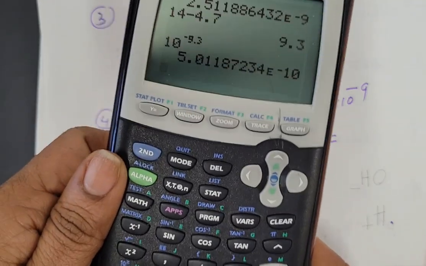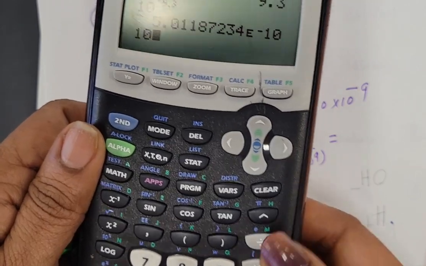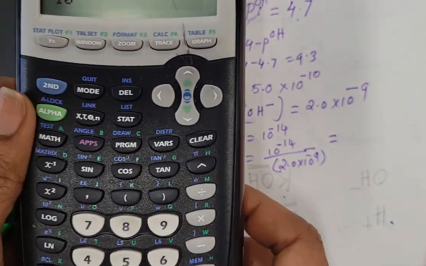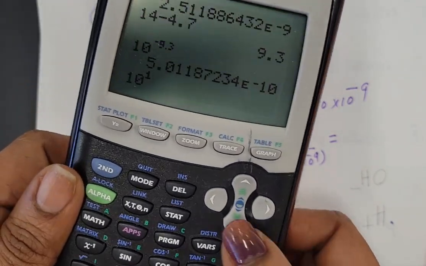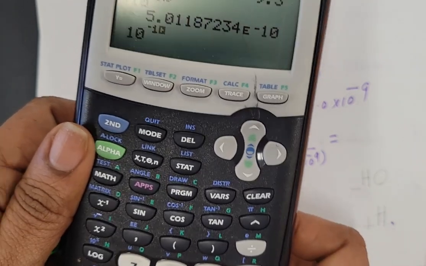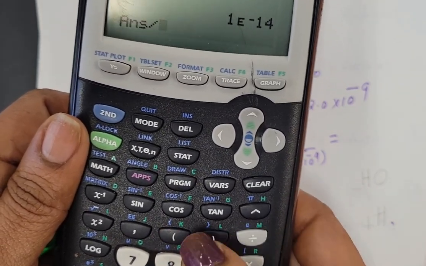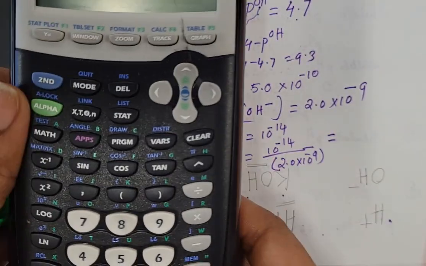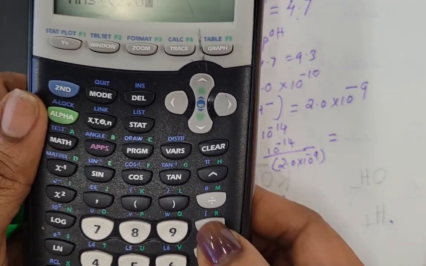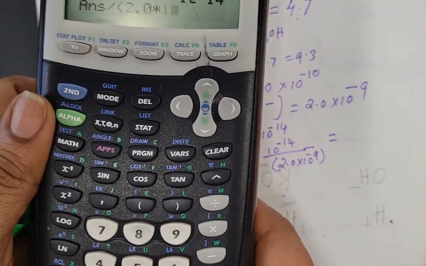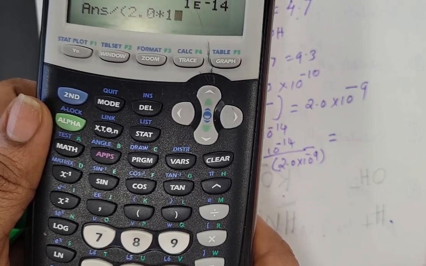So that is 10 exponent minus 14 divided by 2.0 times 10 exponent negative 9.